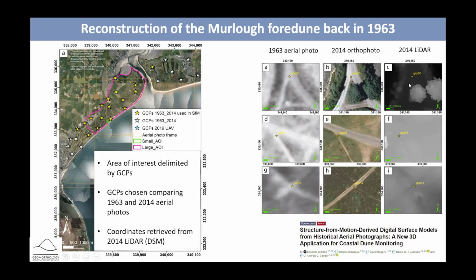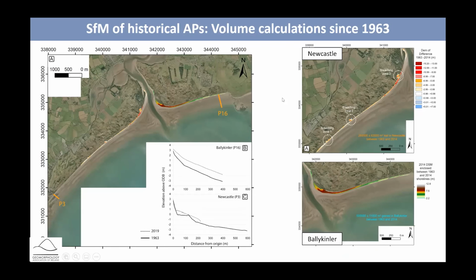We then compared the 1963 aerial photo with a recent orthophoto, and that was the way we identified ground control points that did not experience so much change through the years. So we were able to calculate the volume change from 1963 to 2014.